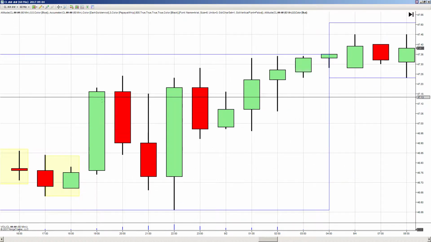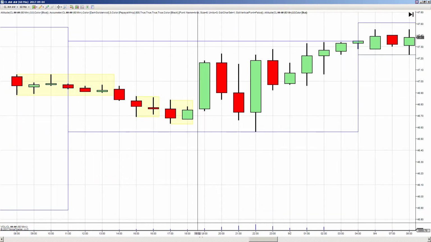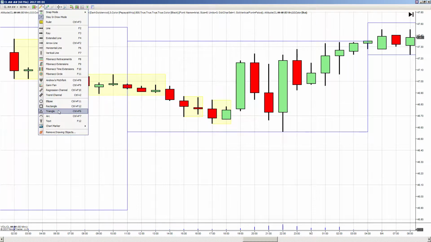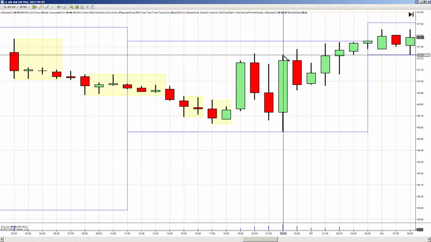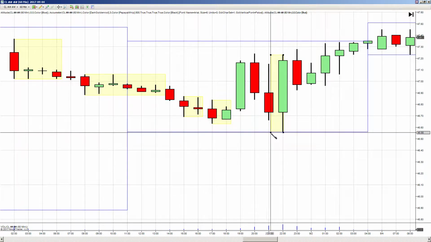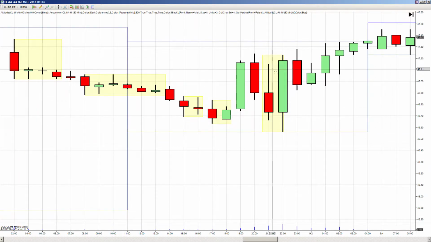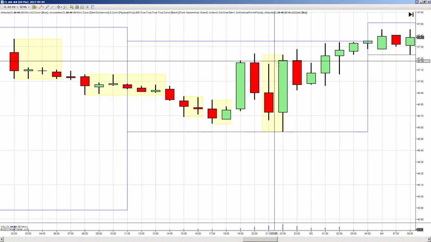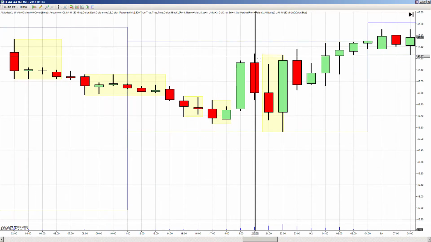But what we have here is an even larger candlestick that, when we take a look at it, we take the high, we take the low, and we move it back until we see its high and low are broken. And you can see that this one green candlestick, this one up candlestick, actually almost broke all of these highs here.